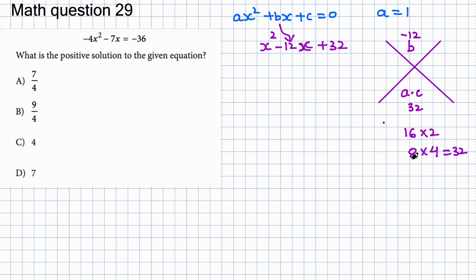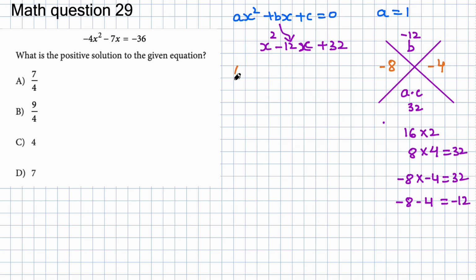So instead of 8 and 4, if I do negative 8 times negative 4, that will give me a product of 32, because whenever two negative numbers are multiplied, the product is always positive. Also, negative 8 minus 4 is negative 12.